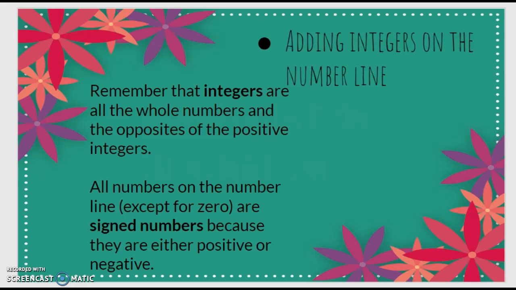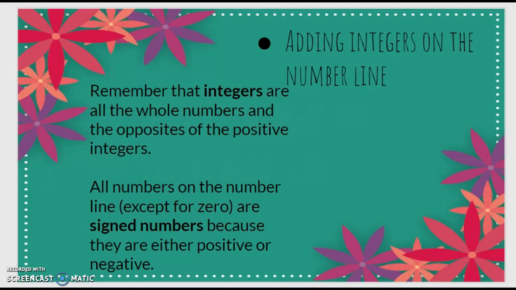So remember that integers are all the whole numbers and the opposites of the positive integers. They're the positive whole numbers and their opposites, the negatives. So all the numbers on the number line, other than 0, are signed numbers because they either have a positive or negative sign.